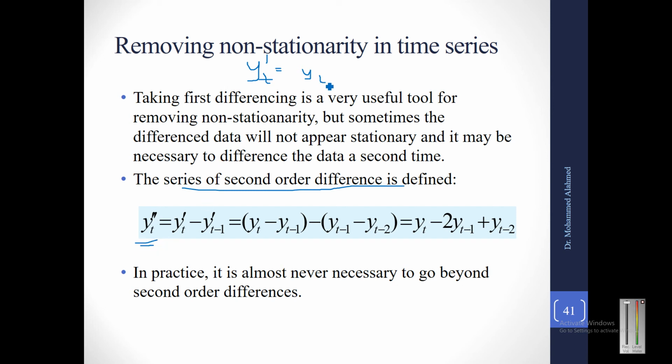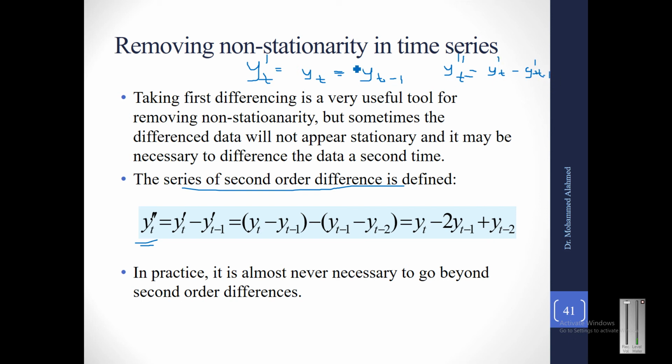First order will be Y dash t equals Yt minus Yt minus 1, and for a second order difference it will be Y double dash t equals Y dash t minus Y dash t minus 1.